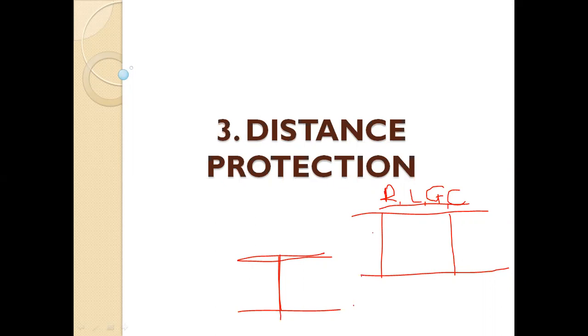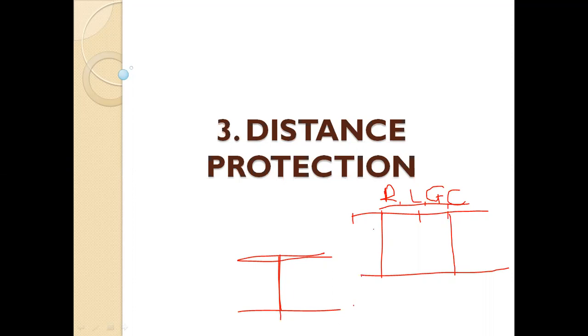These towers also you may have seen. And when we have to protect this transmission line, we have to do different sections, right? Different sections, means we have seen the zones of protection.